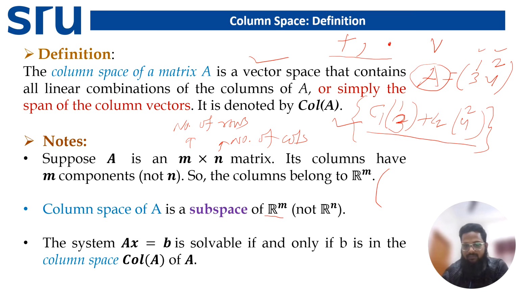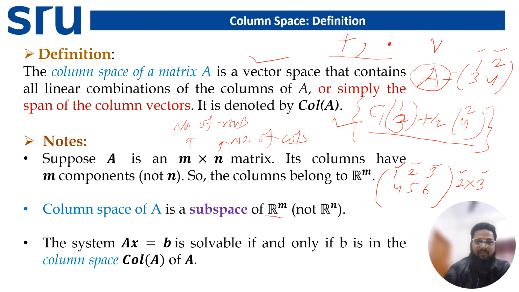Like suppose you write a matrix 1 2 3 4 5 6, the order of this is 2 by 3, so the first is denoting the number of rows and the second is denoting the number of columns, right? So these columns we have to take, C1 into this, C2 into this, C3 into this, and this will be the column space of the matrix.